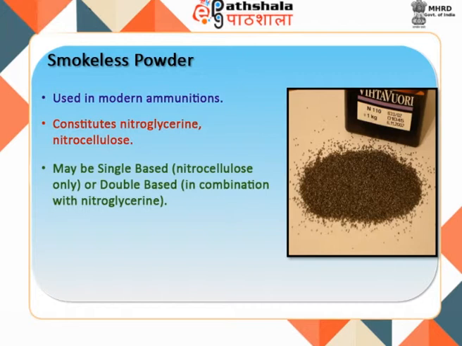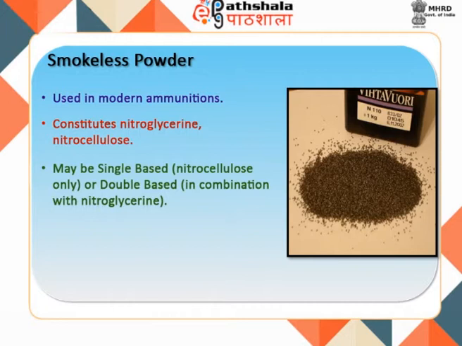The latter are called double base powders, while the former is known as a single base powder. Some of the double based powders commonly used have constituents named nitroglycerin, nitrocellulose, and mineral jelly.